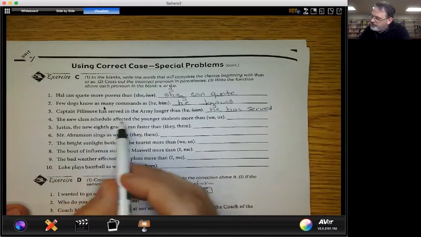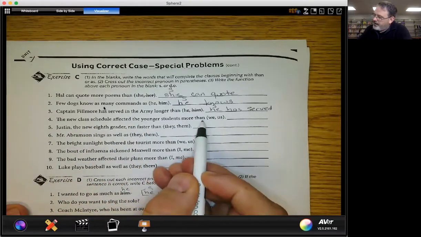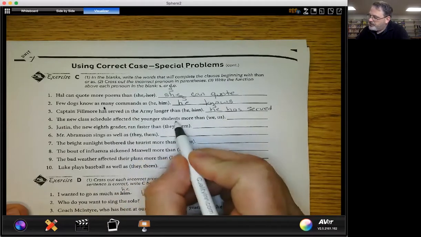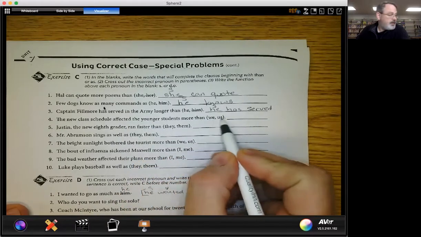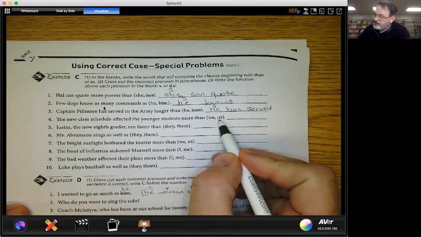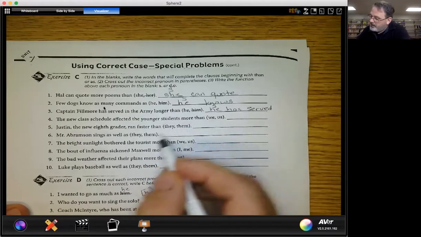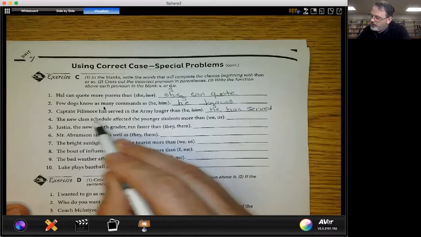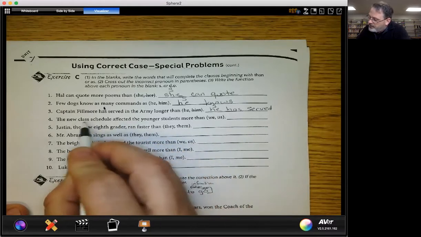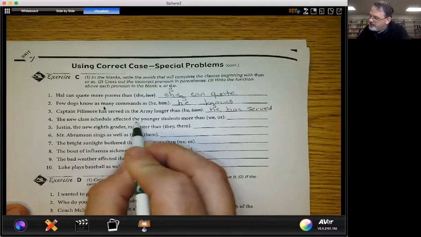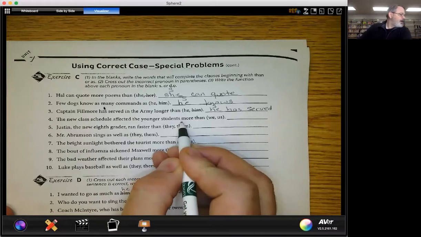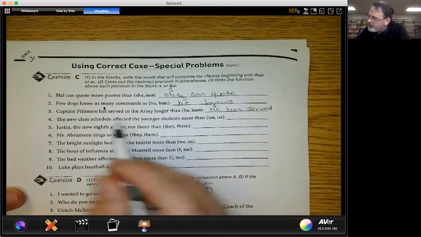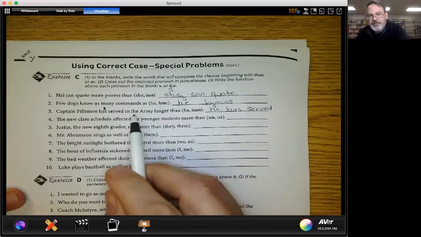The new class schedule affected the younger students more than either we or us. The younger students more than, no, that's not right. More than it, than we were affected, or something like that. Let's see. The new class schedule affected the younger students more than it affected us, because we can't change from active to passive.